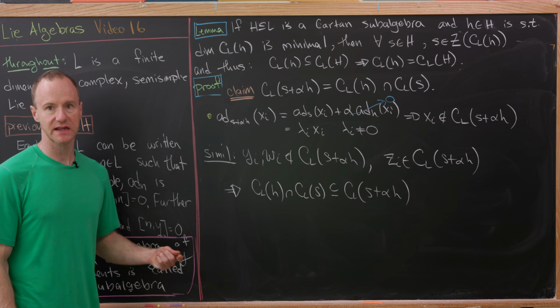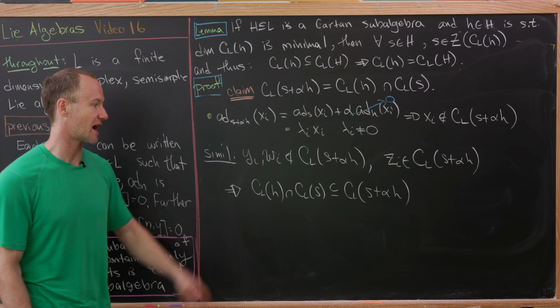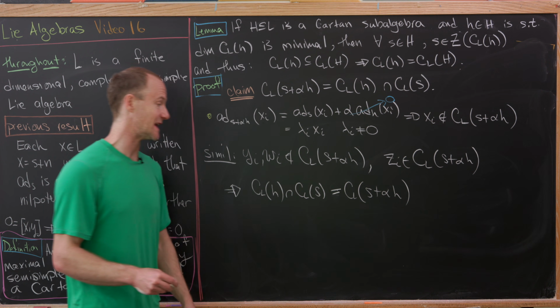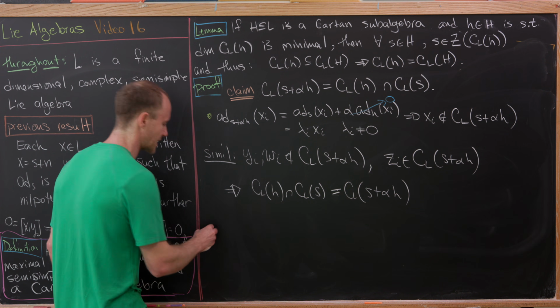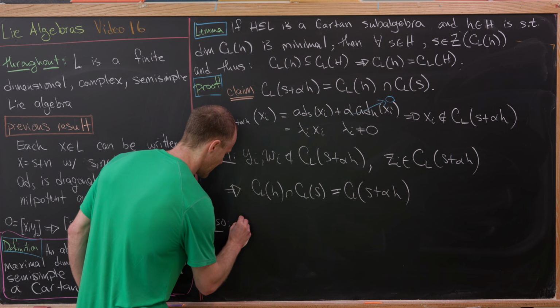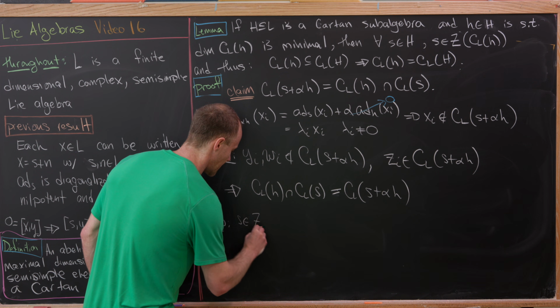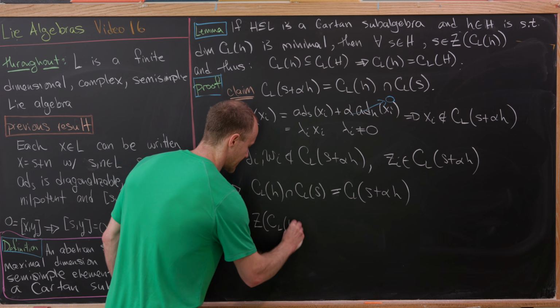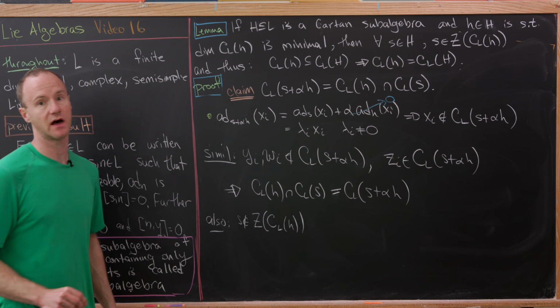So that means it can't contain anything outside of this intersection. But yeah, that means that we definitely have an equality here. But then let's go back to one of our original assumptions down this path. And that was S was not inside of the centralizer of CL H.